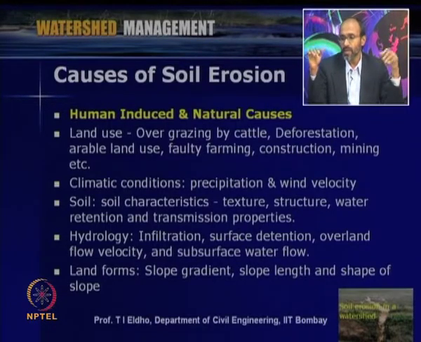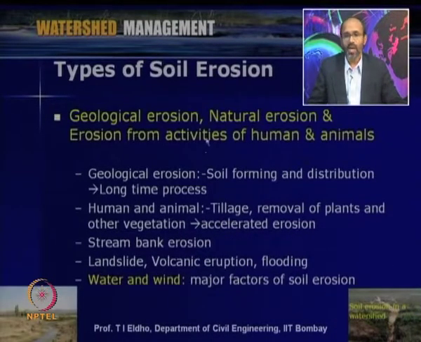When we are dealing with soil erosion, we have to deal not only with human induced causes, but also the natural causes as discussed here. Now let us see the different types of soil erosion. We have seen various causes. Now, we can classify soil erosion into geological erosion, natural erosion, and erosion from activities of humans and animals.